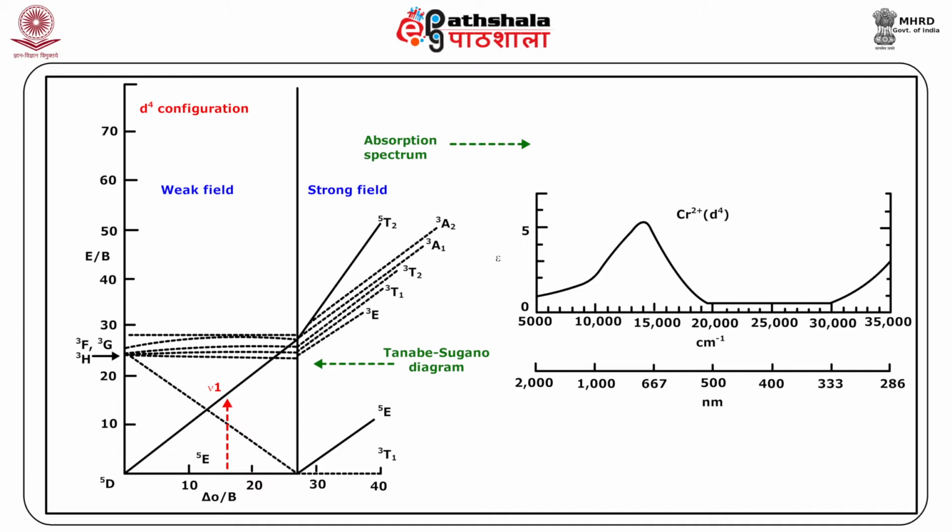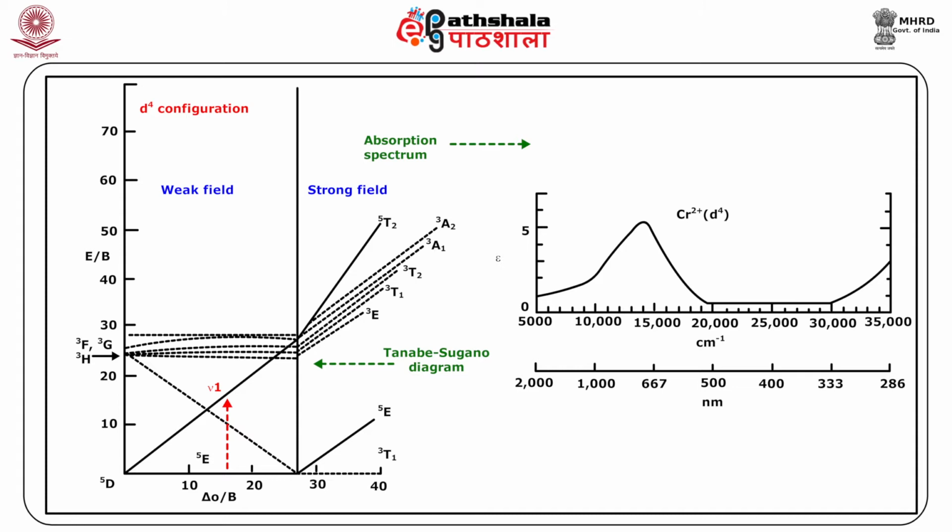The diagram for the d4 case is represented in the figure, which shows the Tanabe-Sugano diagram along with the absorption spectrum for a d4 configuration. From the Tanabe-Sugano diagram, it can be observed that on the left of the vertical line is the weak field, up to the value of 27 for delta naught by B. The free ion term for a d4 configuration is 5D.